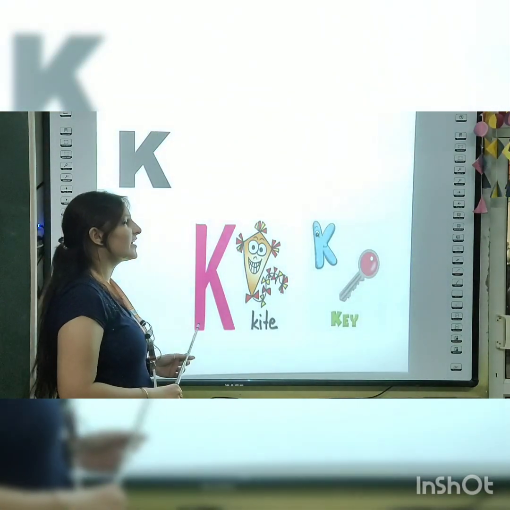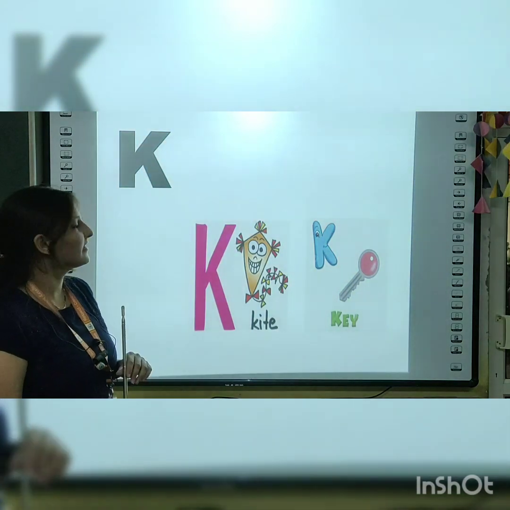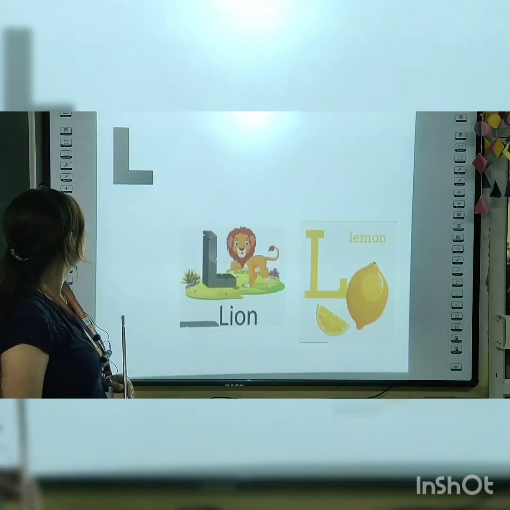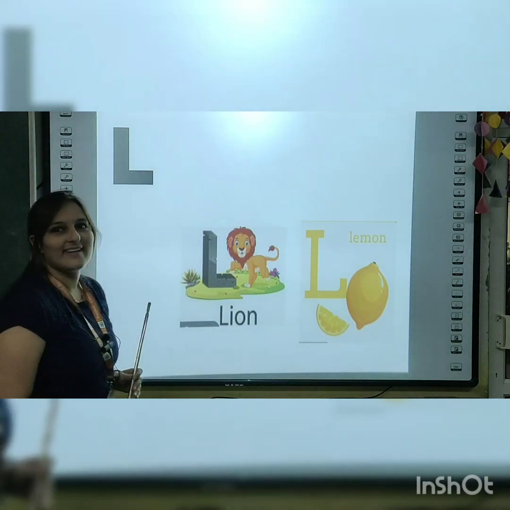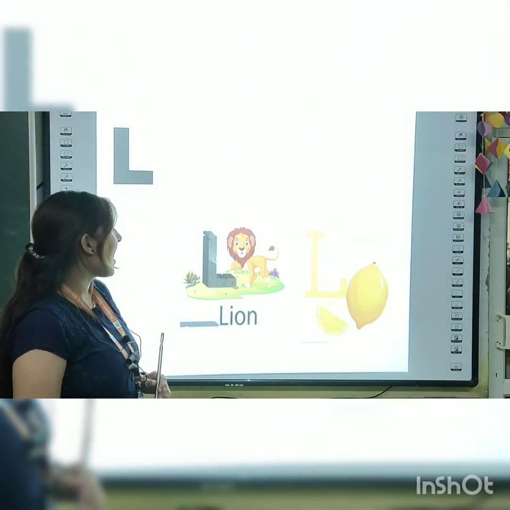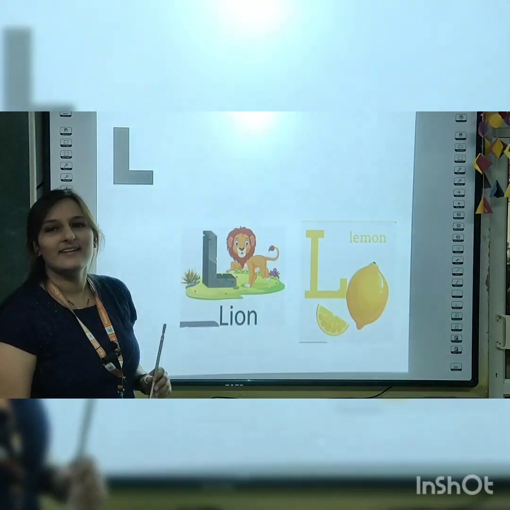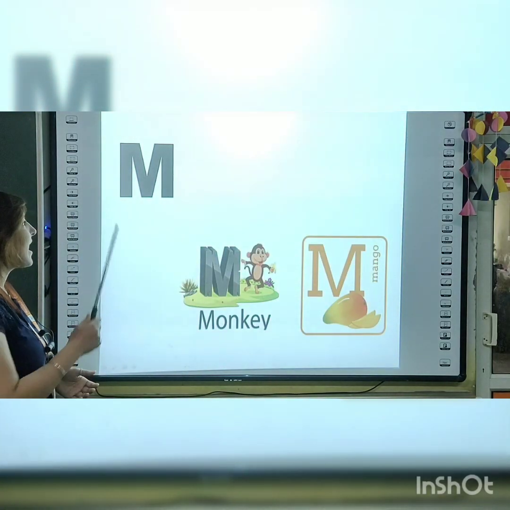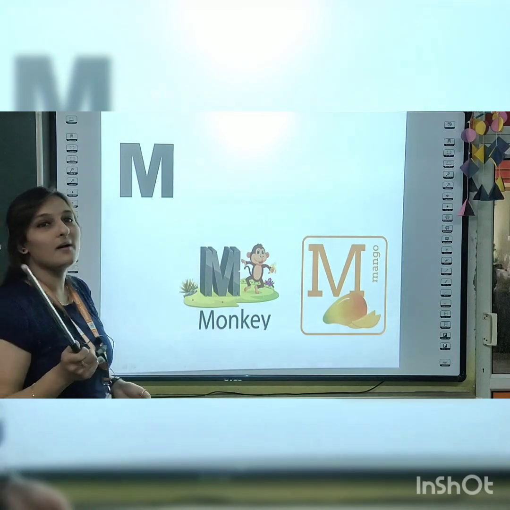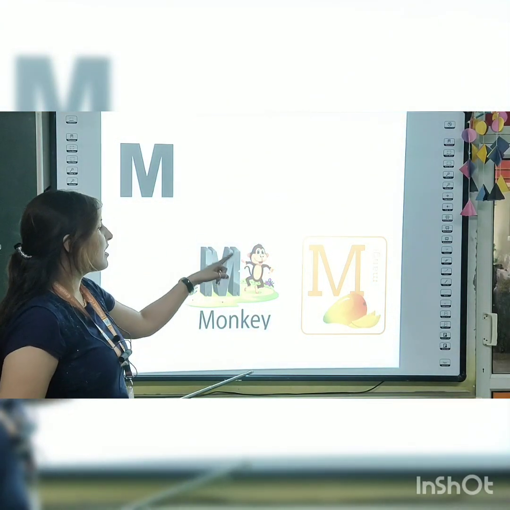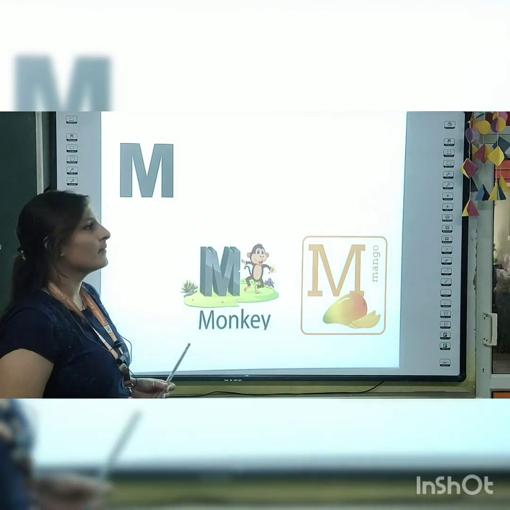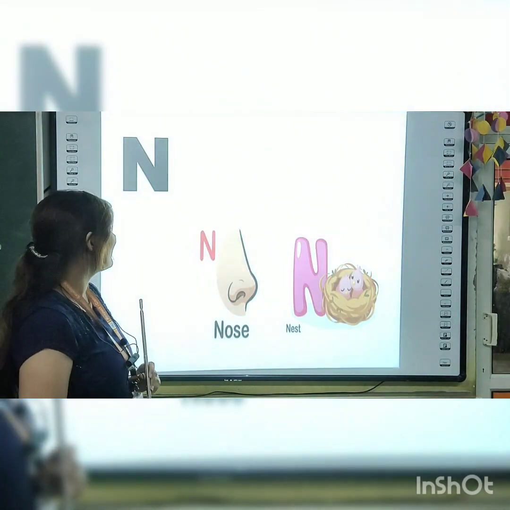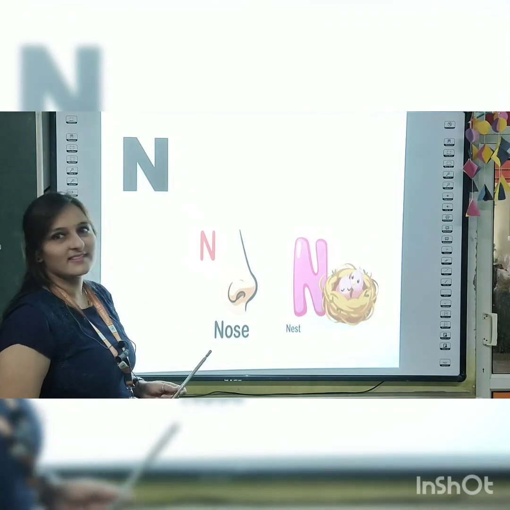Next, K for kite, K for key, L for lion, L for lemon. Yay! What's next? M for monkey, M for mango, N for nose, N for nest.